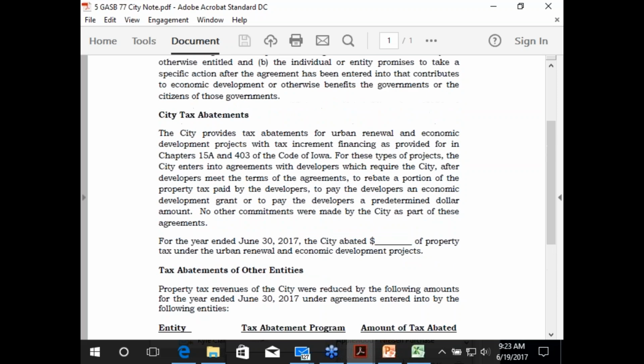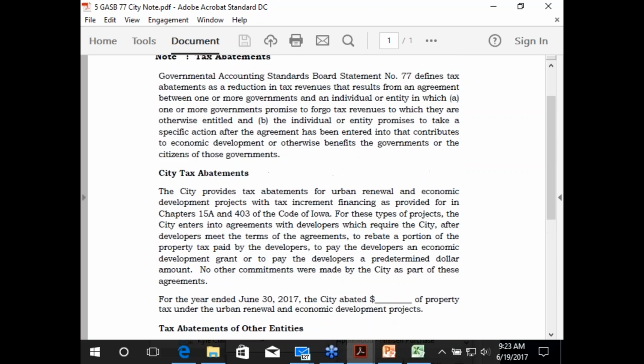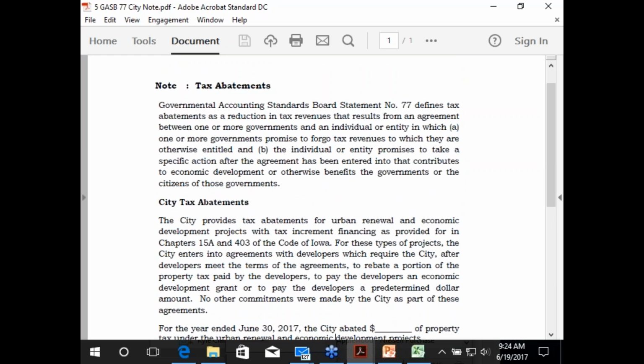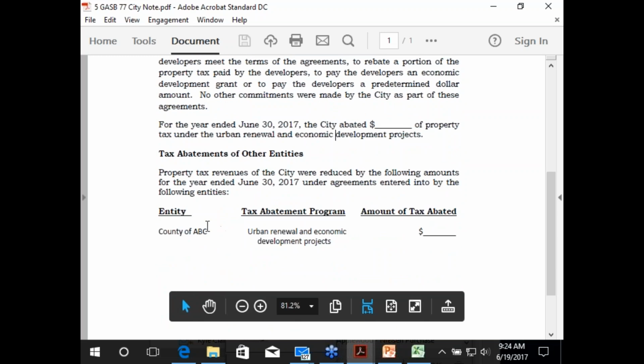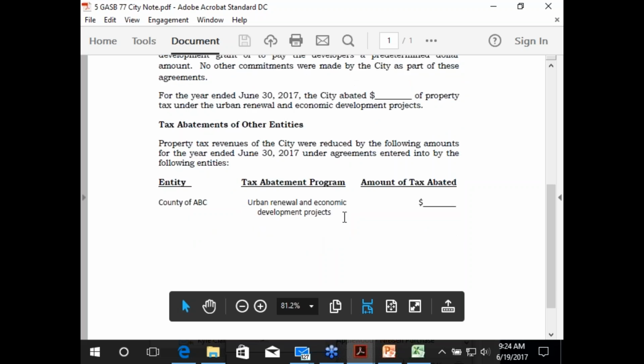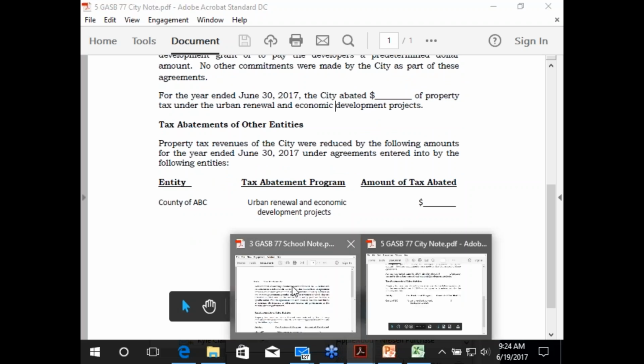Now, in this particular case, that's the only abatements that this city had. So it's fairly simple. For those abatements of other entities, you need to indicate the entity, the tax that's being abated, and also the amount of taxes abated. So now we're going to switch over and we're going to do a school.